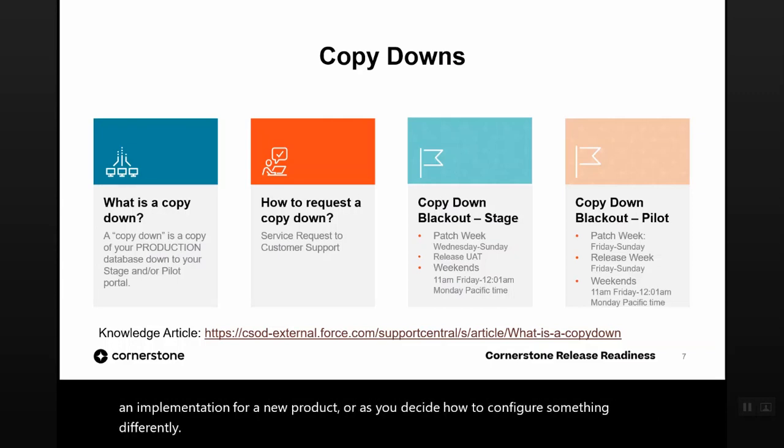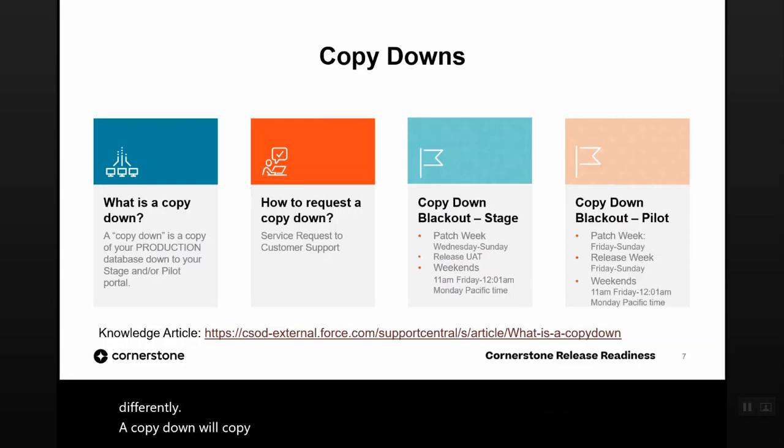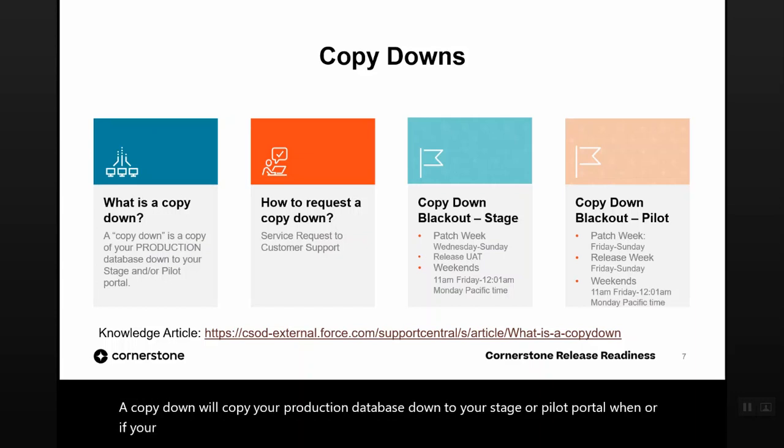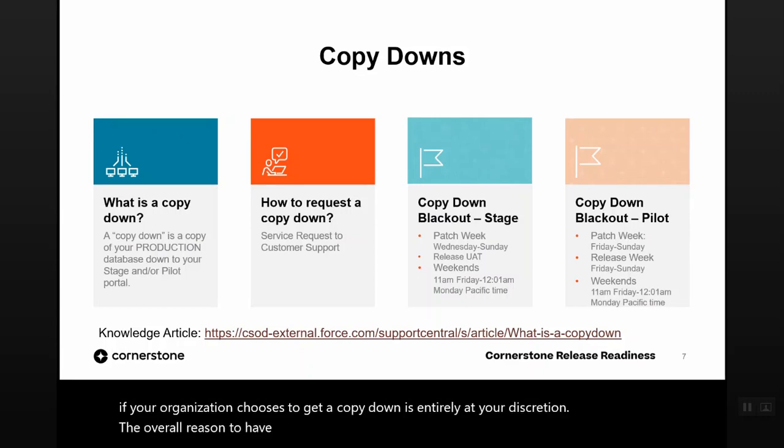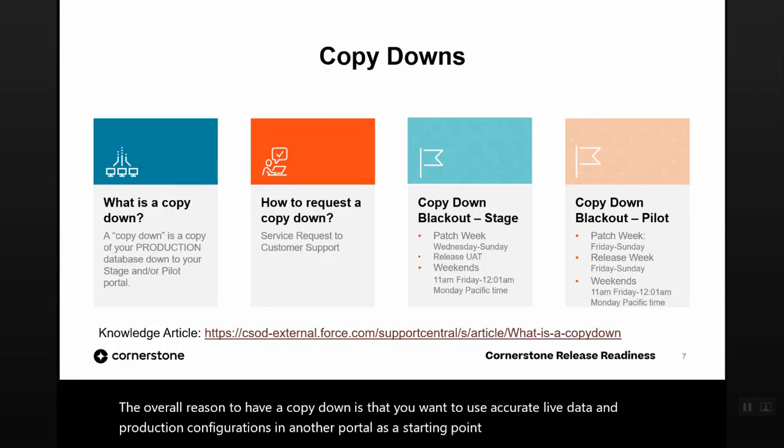A copy down will copy your production database down to your Stage or Pilot portal. When or if your organization chooses to get a copy down is entirely at your discretion. The overall reason to have a copy down is that you want to use accurate live data and production configurations in another portal as a starting point for testing.